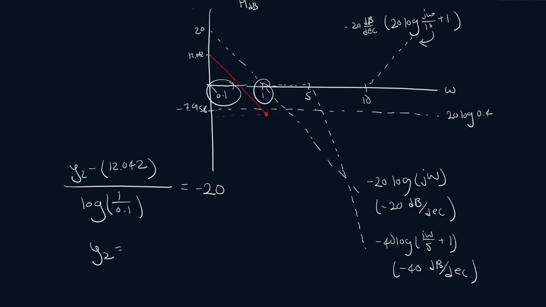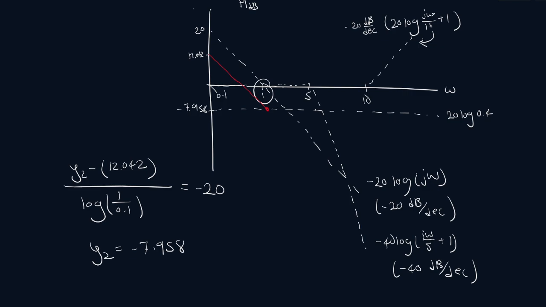So now let's solve for y2. So it's minus 7.958. So it's actually going to stop exactly here. There you go.